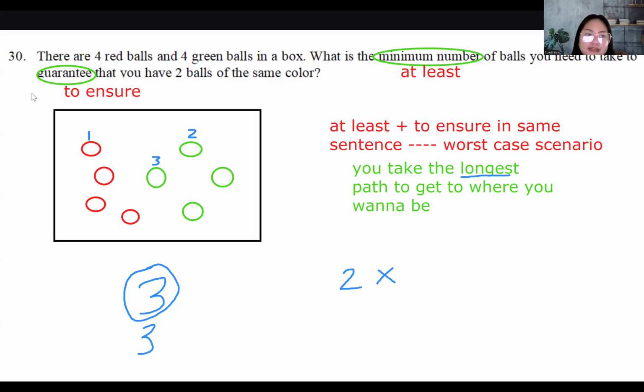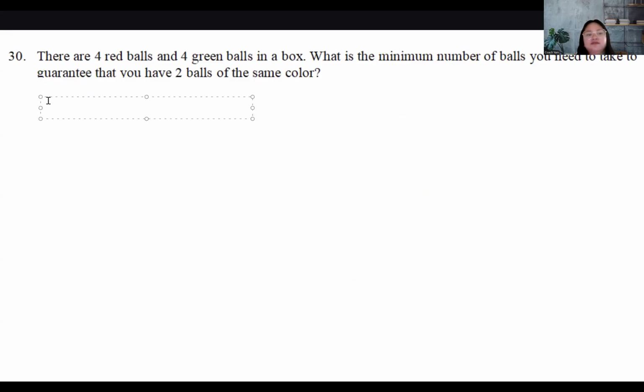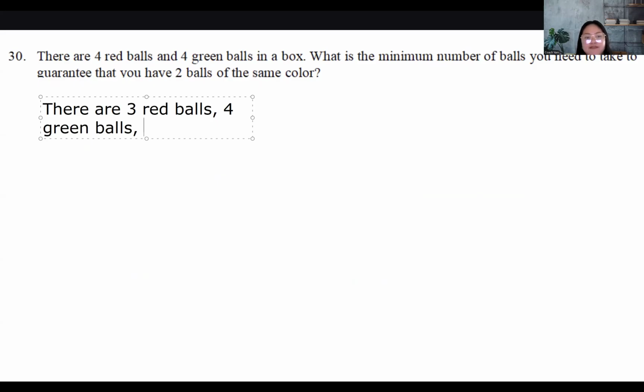Let's try if you get it. I'm gonna give you something to solve. There are 3 red balls, 4 green balls, and 5 blue balls.